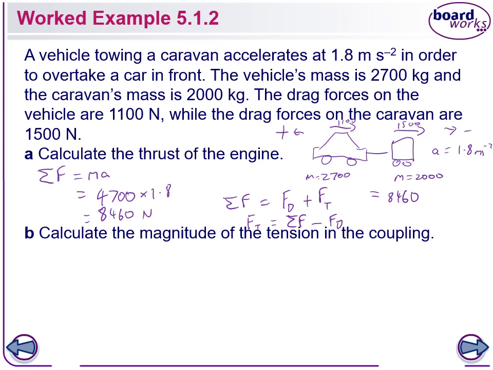So if we look at our equation down here, our thrust is equal to our net force, which we've got, minus our drag force. But our drag force is already negative. So it's going to be minus a negative. So minus our negative drag force of 2,600. So therefore our thrust, 8,460 plus 2,600, will give us basically 11,000 newtons.